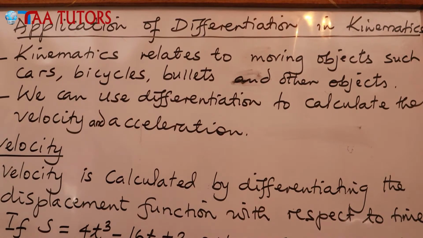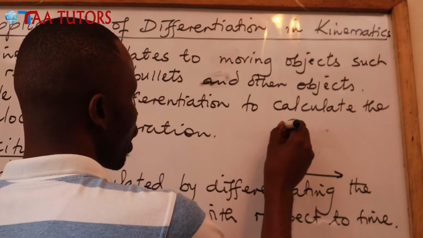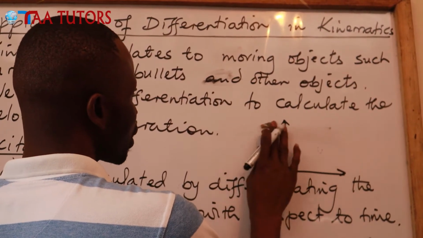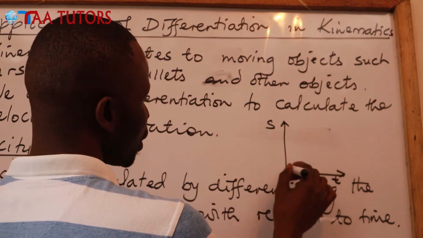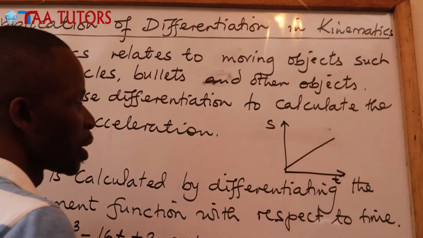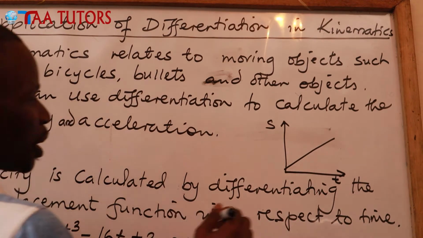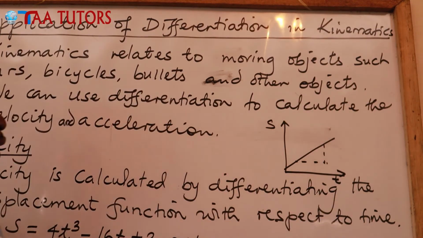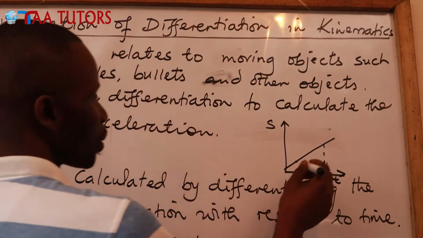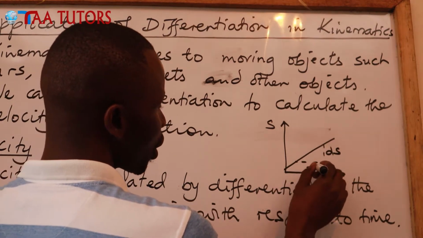We learned this in Form 2: if you have a displacement S time graph, the curve showing the movement, the gradient of this particular curve is the change in S, or change in displacement, over the change in time.